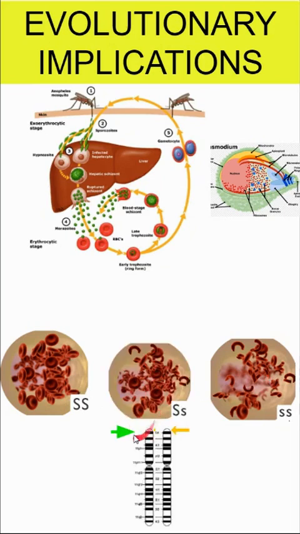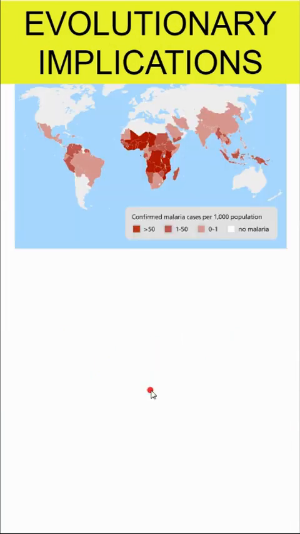Now, if you are heterozygous for this, this is actually a major advantage when it comes to malaria, because this extra life stage that occurs with these little plasmodiums can't occur and be so detrimental if you are heterozygous. You still don't end up with all the clotting and other issues associated with sickle cell disease, but you're a lot less likely to get malaria.